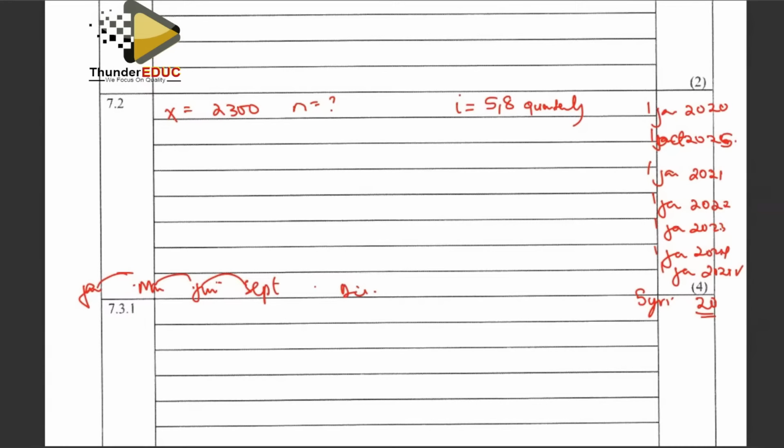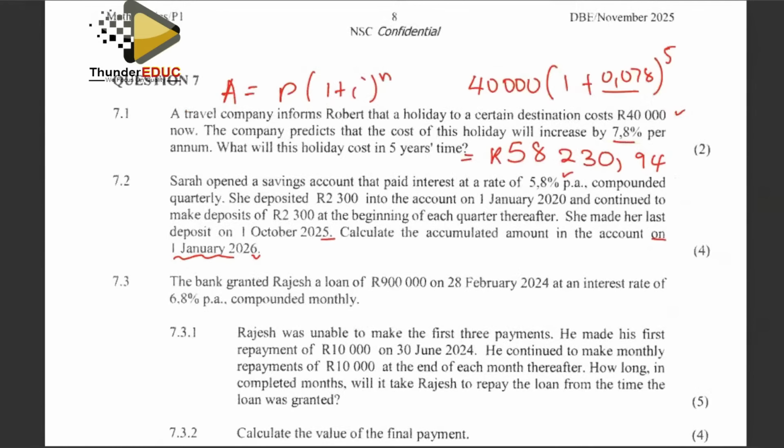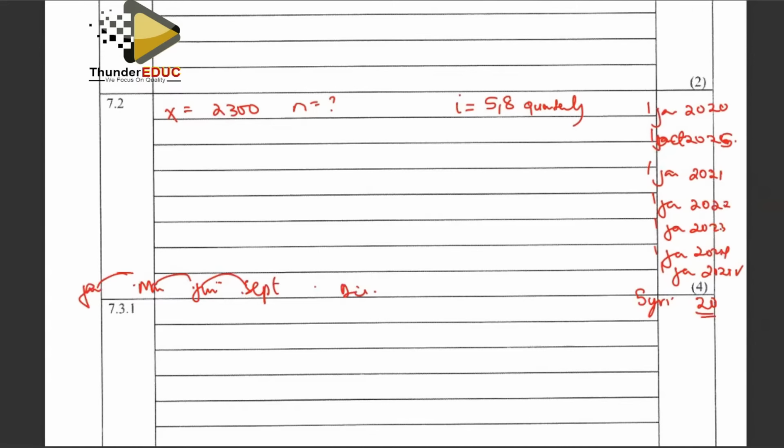So since this person is depositing at the beginning of each quarter, September is when the 3rd quarter ends. And then the 4th quarter starts in October immediately. So meaning that this lady made a full payment of 4 quarters for 2025. It's going to be catered for.